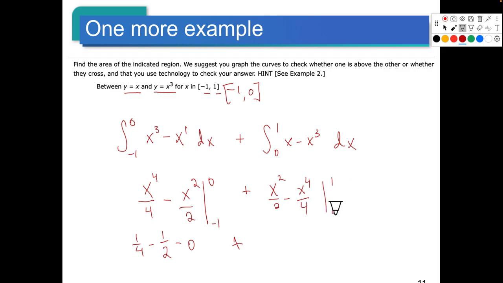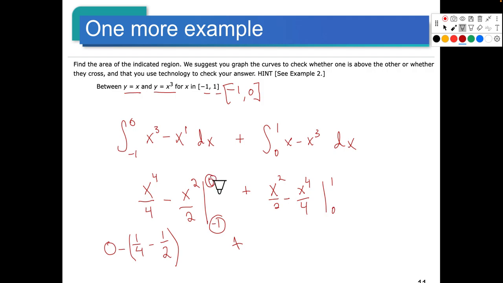When we plug in the, oh wait, do I have this right? Oh shoot. I really gotta slow down. Anyone catch what I did wrong here? When we plug them in, we plug in the top limit first, and then we subtract the bottom limit. So what I really need to do is slow down. This is minus this, because the bottom limit gets subtracted.